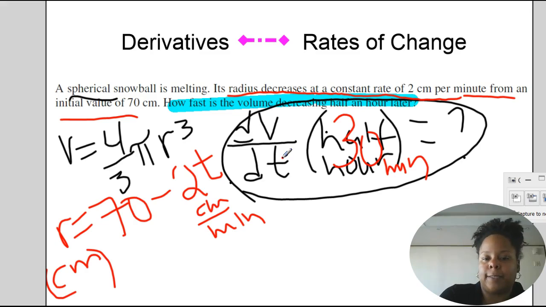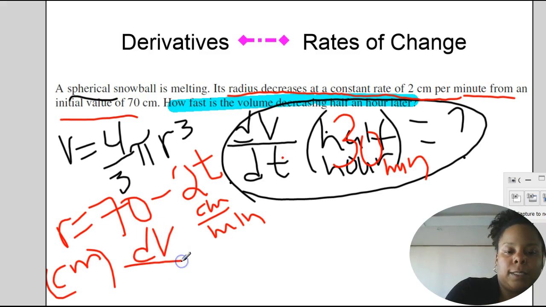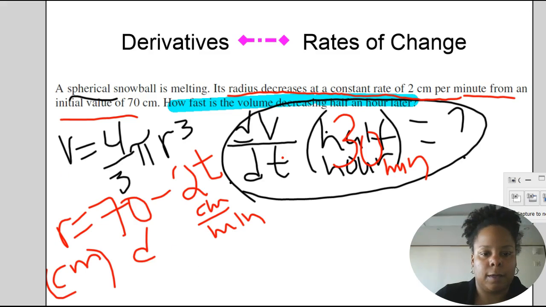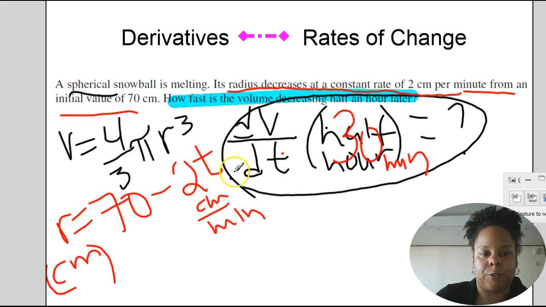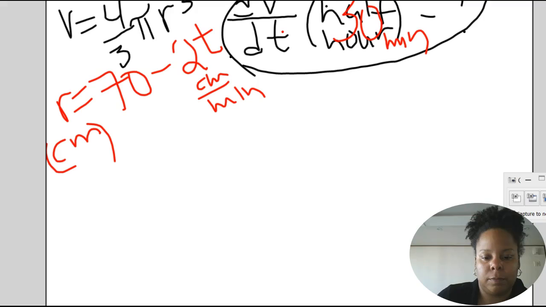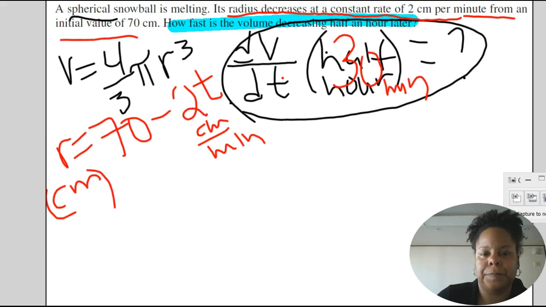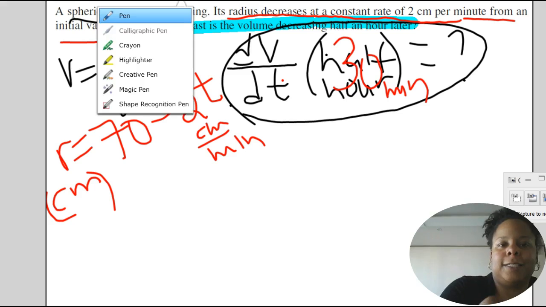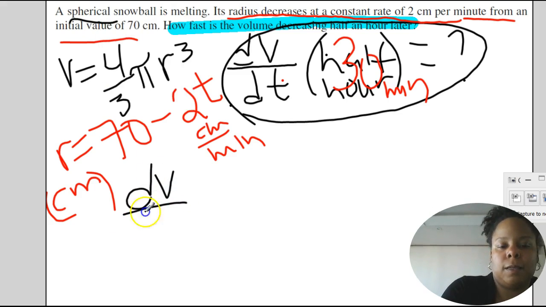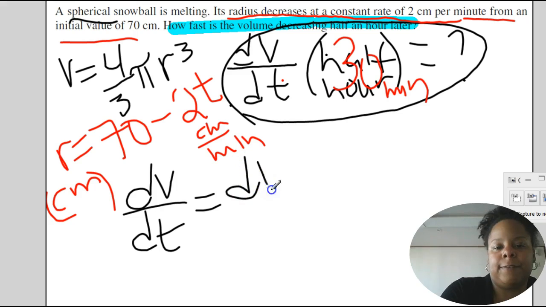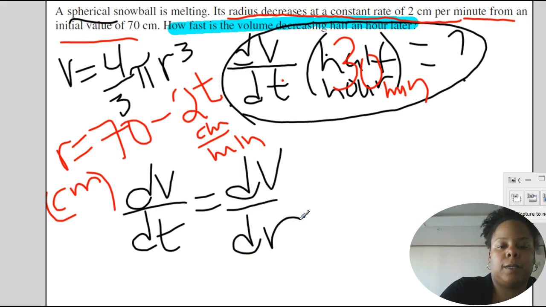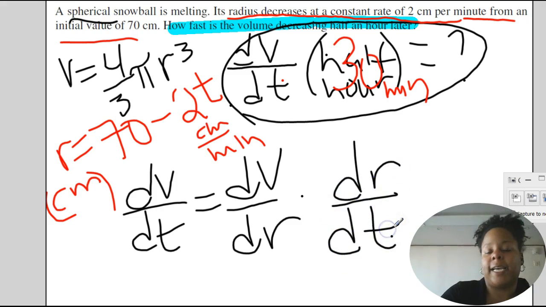Now what I can do is take the derivative of the volume function with respect to time, using the chain rule, essentially. Let me scroll it up a little bit so we have more space. So dV/dt can be found by dV/dr, which I can determine, and then I multiply that times dr/dt, which I can determine as well.